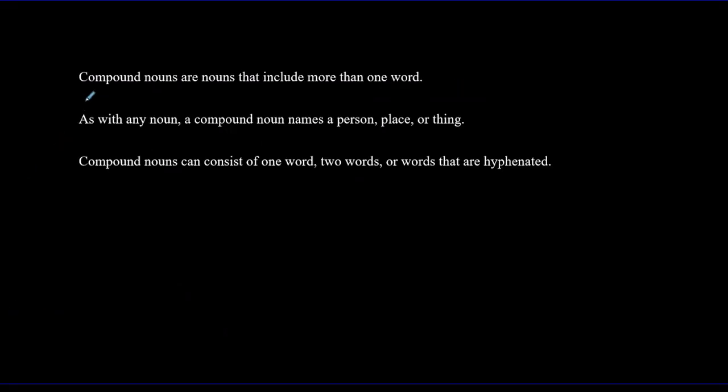In addition to that, we have compound nouns. Compound nouns are nouns that include more than one word. As with any noun, a compound noun names a person, place, thing, idea, or quality. Compound nouns can consist of one word, they can be two words, or words that are hyphenated.